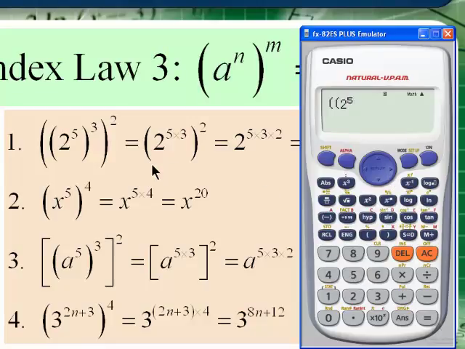So all I'm really doing here is just typing in this expression, closing bracket, everything raised to the power 3, and this in turn raised to the power 2. Okay, that's the answer. Finding the prime factorization, we get 2 to the power 30, which clearly is 5 times 3 times 2.